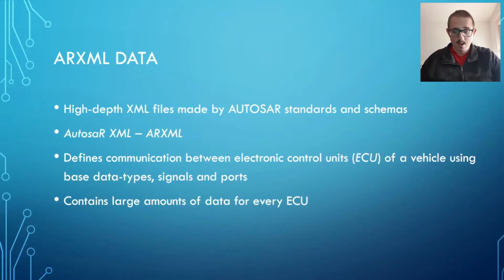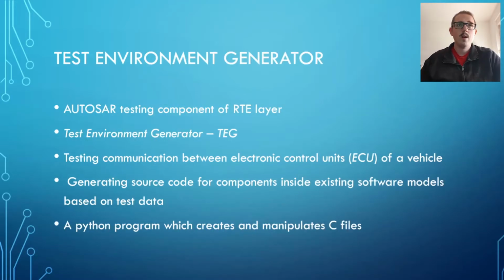These signals are then also connected further into ports, and thus the communication between two ECUs is described, from the base data types to where they're going and what their time schedule is and so on. Now the test environment generator itself is in the RTE layer, and it serves to exchange information or communication between the base and application layers.